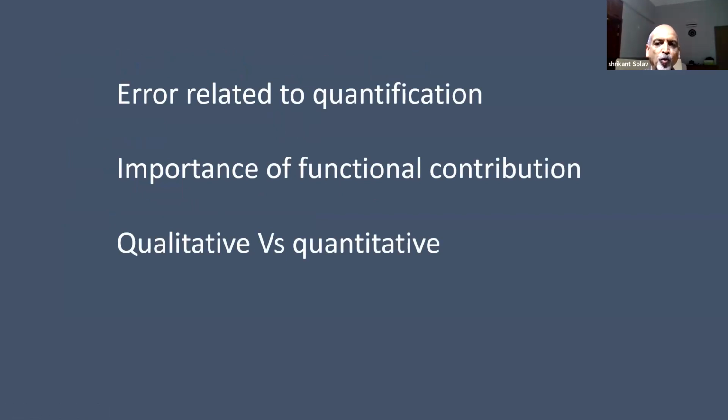So errors related to quantification. This is a very, very important message, and I am going to highlight this in a couple of slides, intermittently. So the importance of functional contribution, of course, remains, but one has to keep in mind that your qualitative estimate of renal function must match the quantification which is derived by the computer, because the computer doesn't understand the patient kinetics.